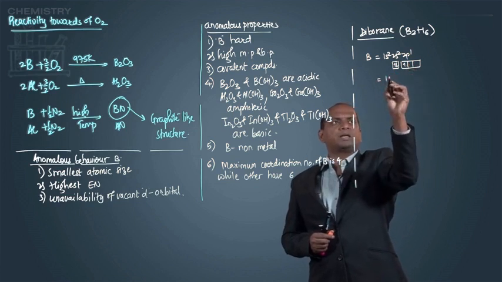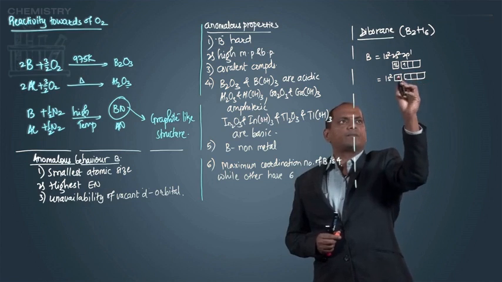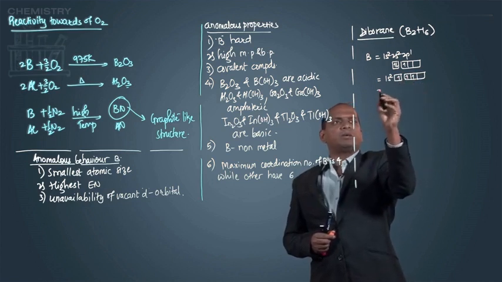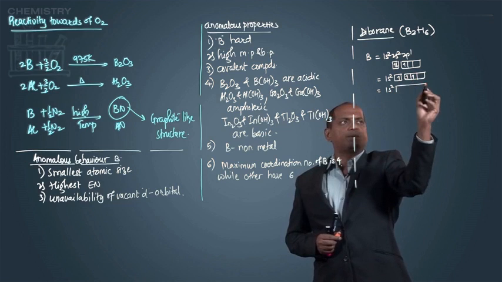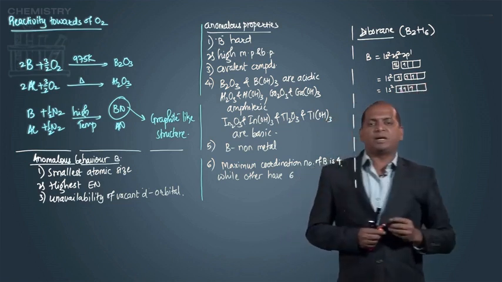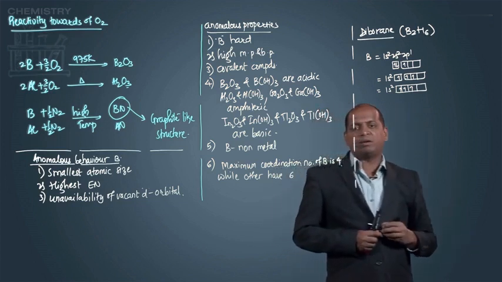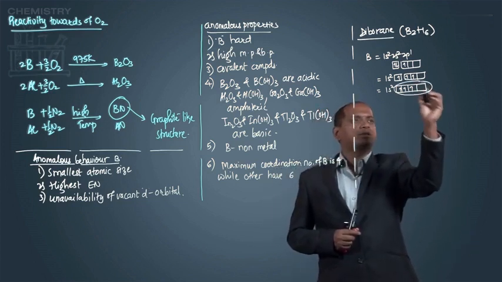Now the excited state electronic configuration is like this, so there will be sp3 hybridization.